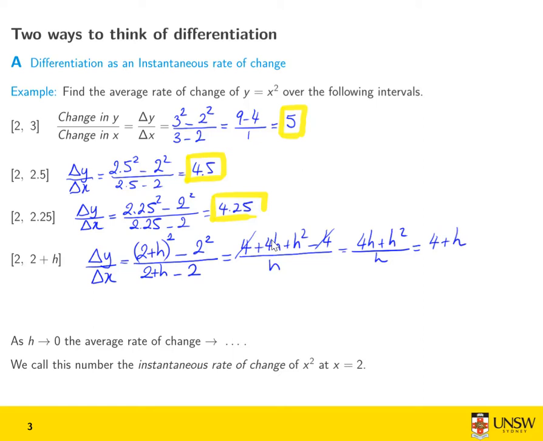But now this lets us know what the instantaneous rate of change is. That's what you get when h approaches 0. And if h approaches 0, then the limit of 4 plus h will just be 4. So we were able to determine the instantaneous rate of change.